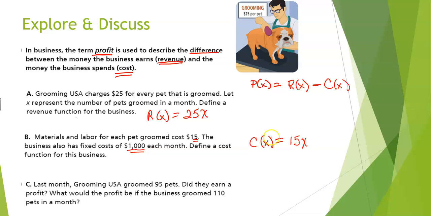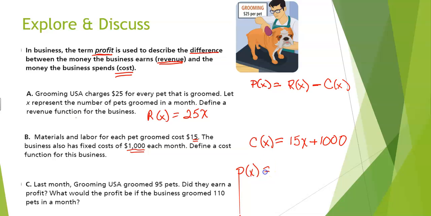So what's it look like? They're only making $10 on each pet, right? And then it's also going to cost $1,000 every month. So last month, Grooming USA groomed 95 pets. Did they earn a profit? Well, let's look at the profit.